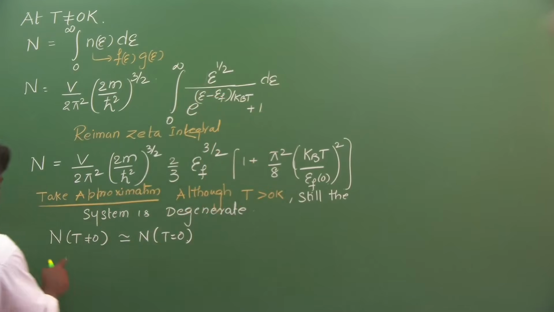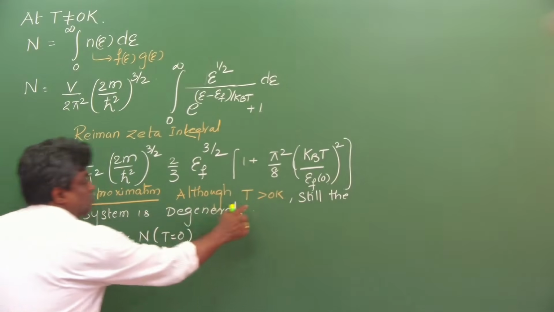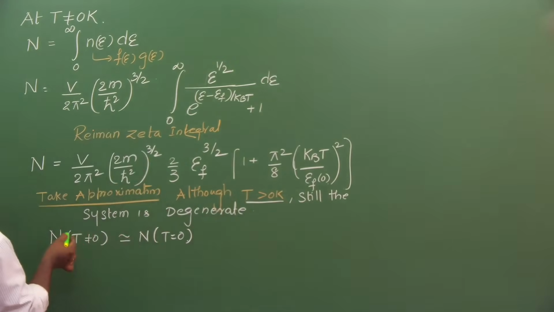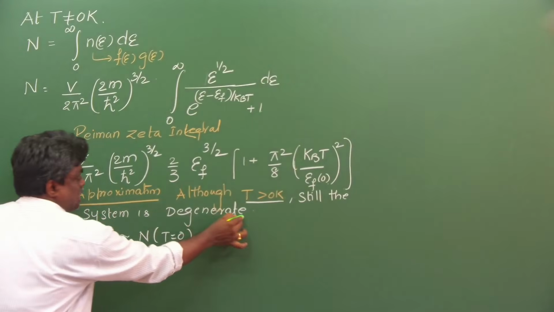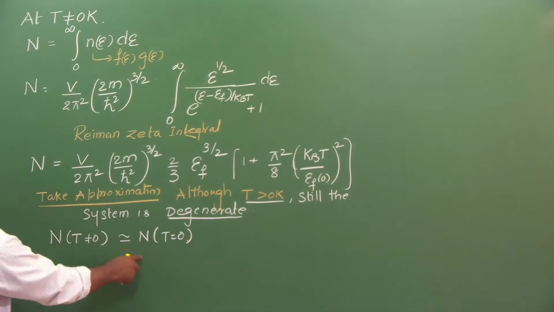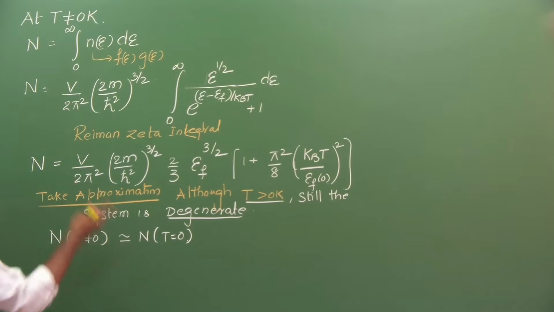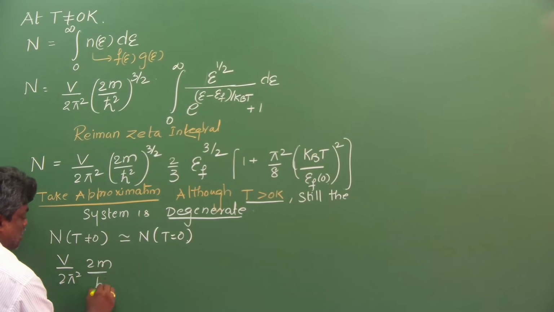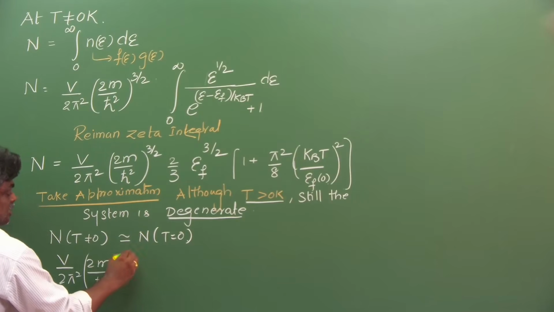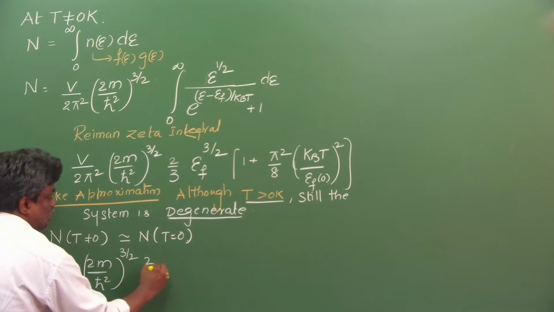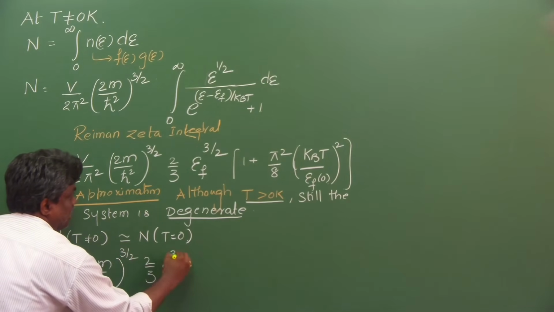Once again, although the temperature is not equal to 0 Kelvin, we are assuming the system is still degenerate. That's why you can take this approximation. Then V by 2 pi square, 2m by h cross square. This result is very crucial. Observe 2 by 3 EF power 3 by 2.